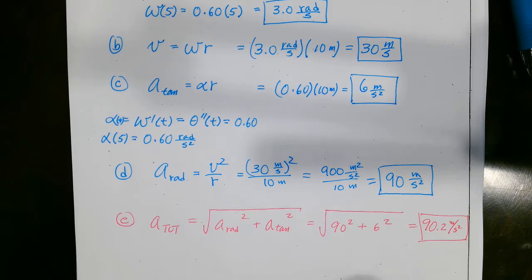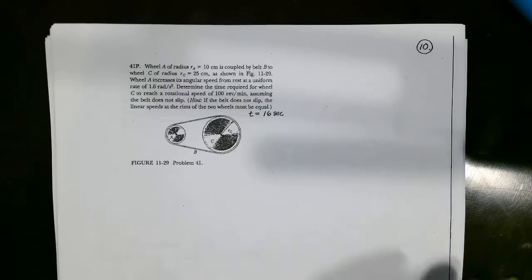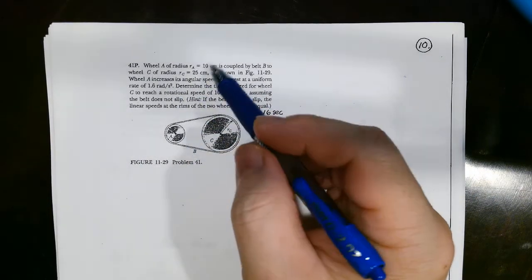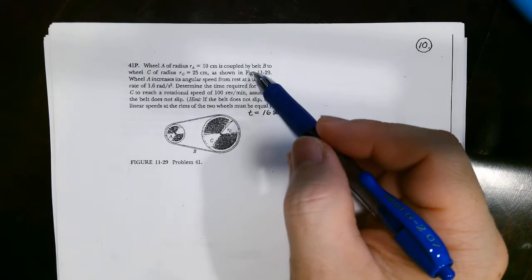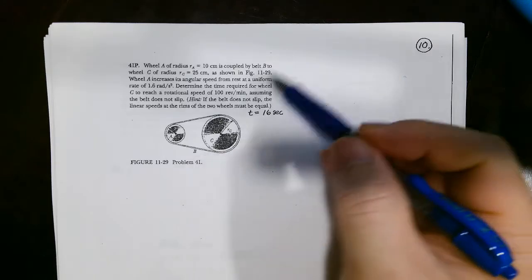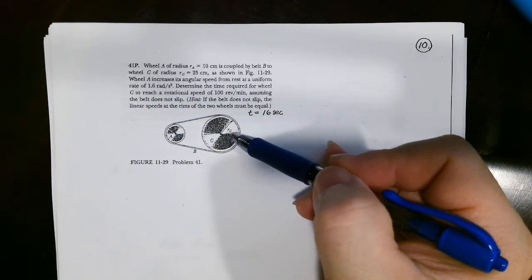All right. And then, last problem. All right. So here, wheel A with radius of RA, which is 10 centimeters, is coupled by a belt B to wheel C with radius of RC.